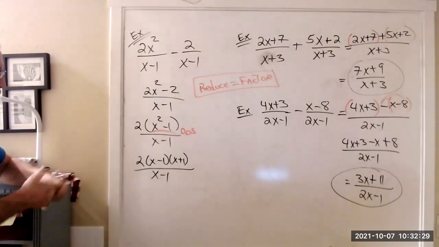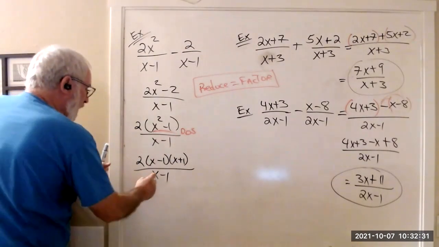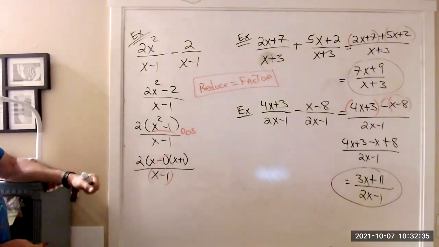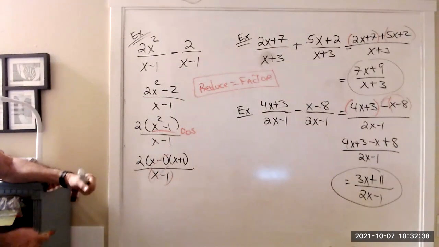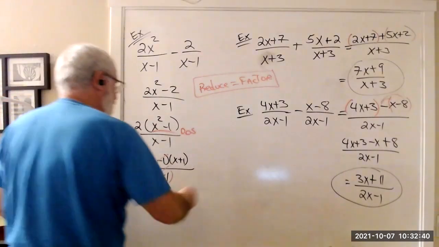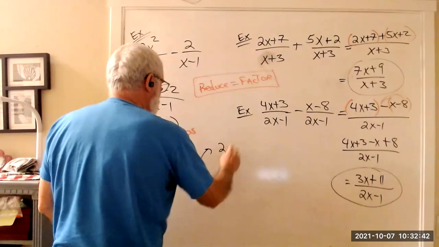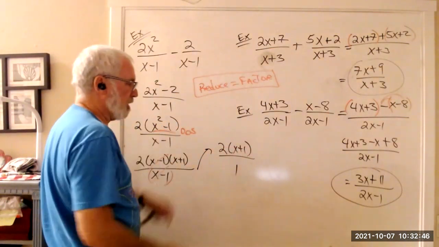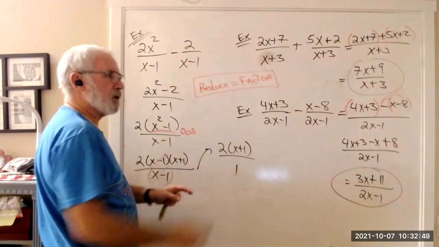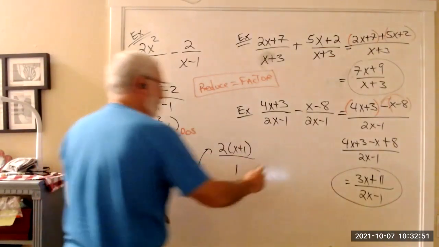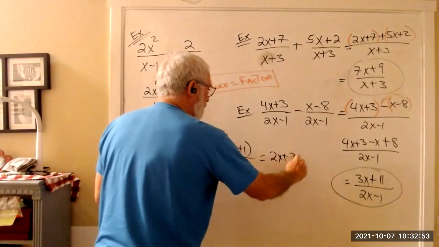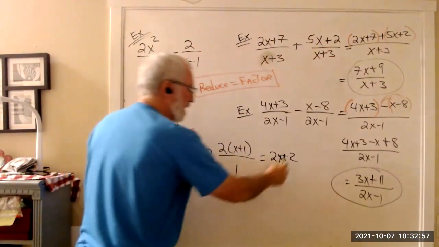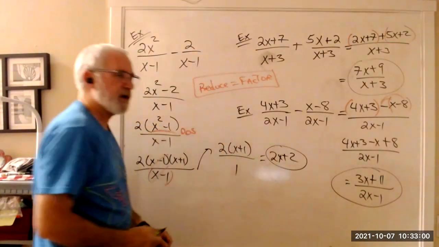Okay, so we can go, oh, now I can cancel those two x minus 1s. And I'm left with, technically, 2 times x plus 1 over an invisible 1. The rule was multiply the numerator, so that's 2x plus 2, and we don't ever need a 1 in the denominator anymore. So that would be their final answer.